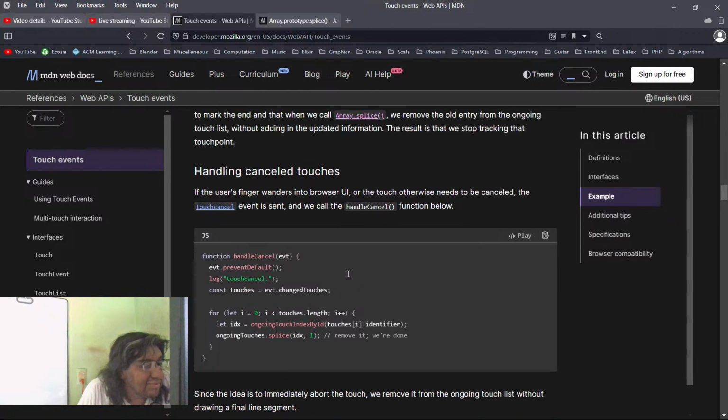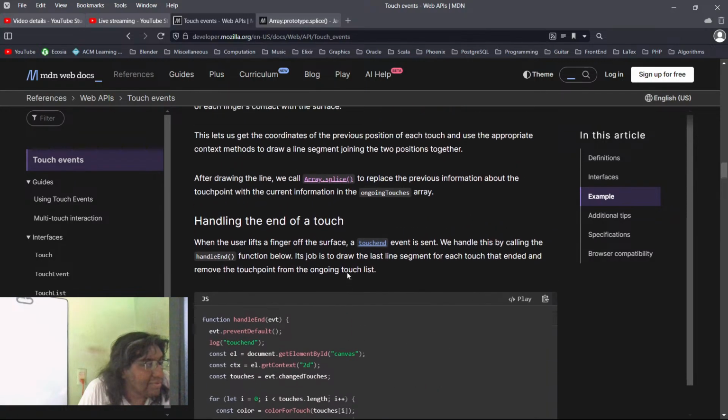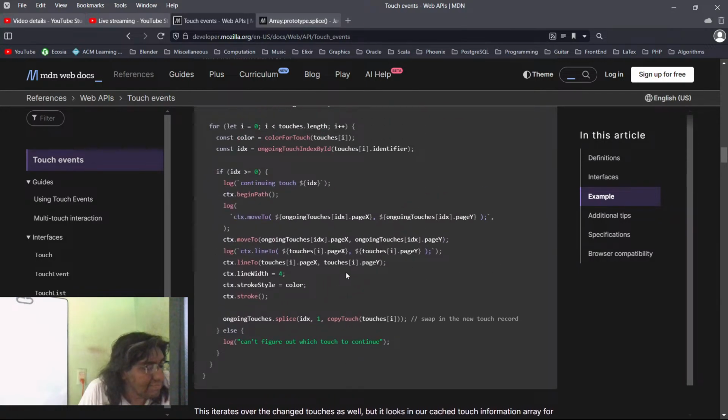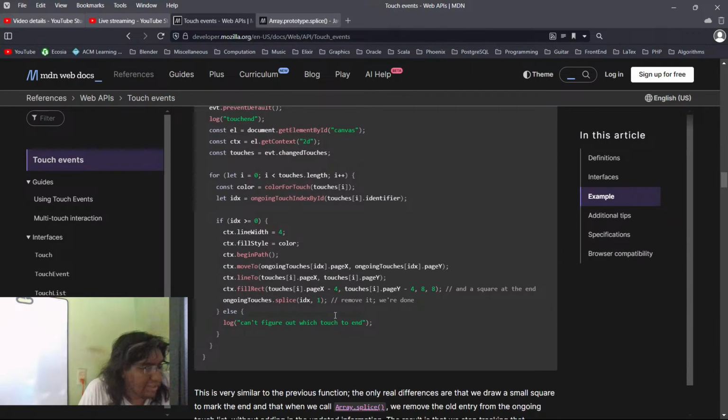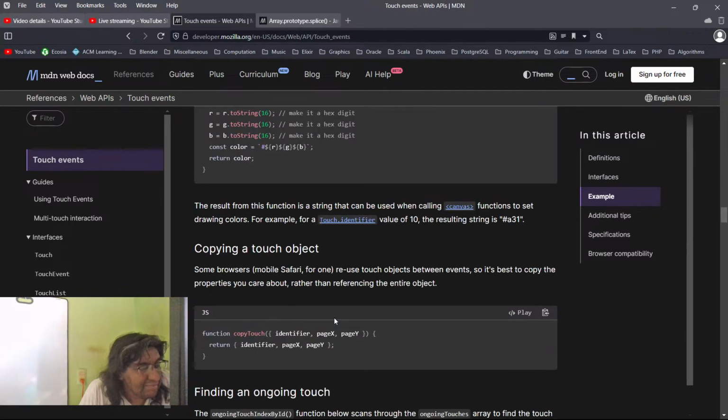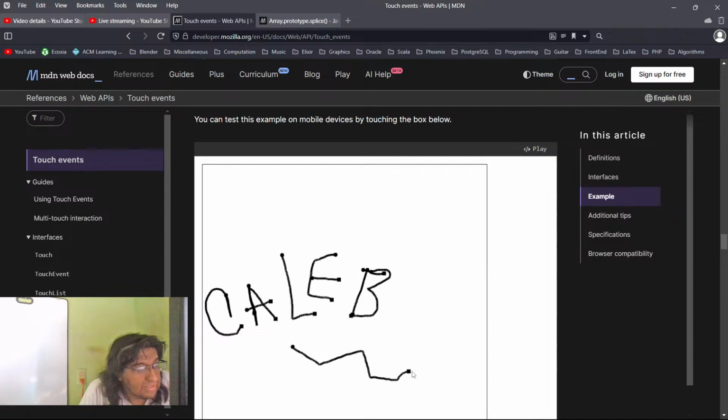Okay, there's still, right there, which is still a rectangle.